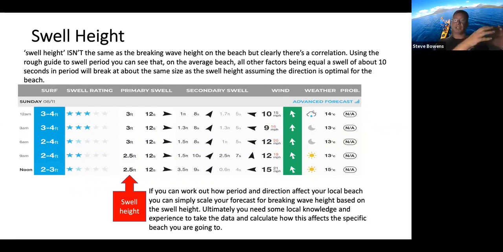If you have a low pressure system that sits down off the Bay of Biscay, for instance, you could well have another low pressure system sitting much further north, maybe off of Scotland. And so now you've got waves coming from two low pressure systems arriving at the beach. So at that time of the morning, we had 2.5 foot of swell at 12 seconds going in a westerly direction. But we had another swell, which is 1.5 foot at 10 seconds, coming from a southwesterly direction.